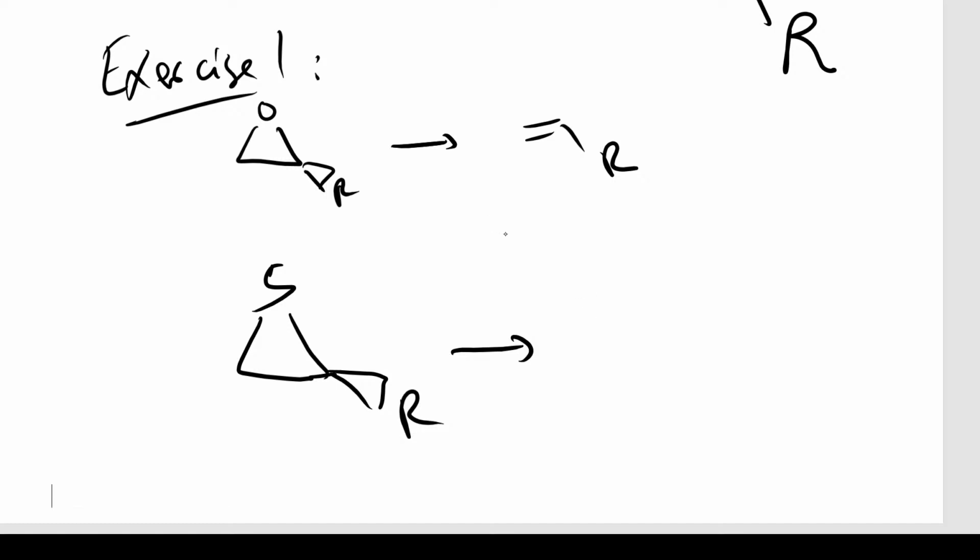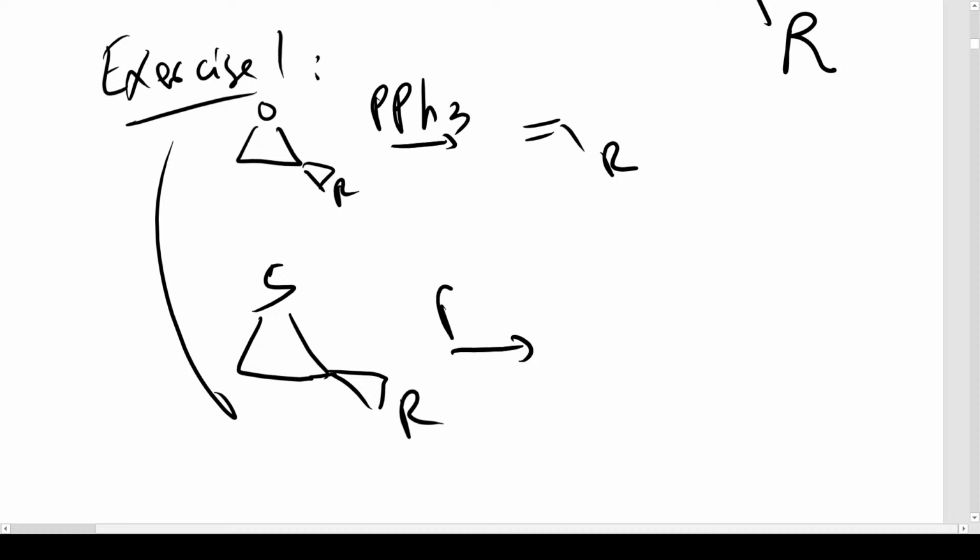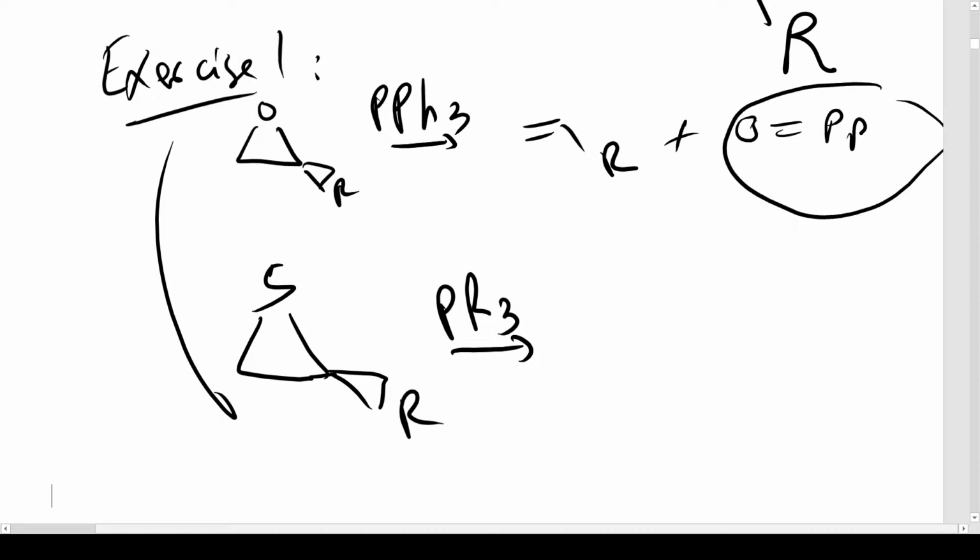Yeah, it's common, same reactivity. Which one? Yeah, I hear it. Yeah, you are right. Triphenylphosphine. Any type of phosphine, I should say, most of them. And you form this. The driving force is the formation of this, because phosphine is oxophilic. So that's very interesting to activate.